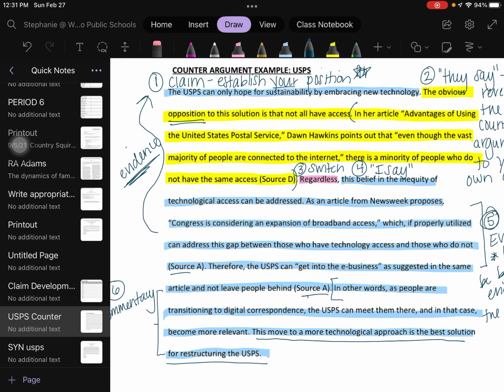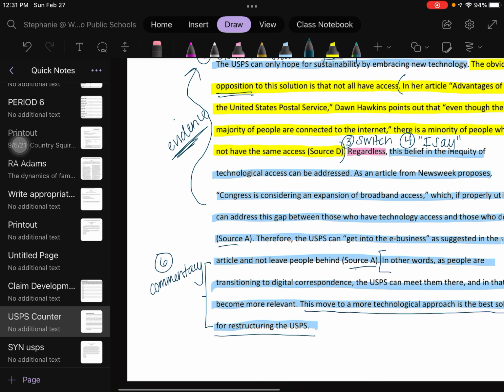But what's happening in this section is we are explaining why our opinion, or I should say why, here I'll do it this way, why the I say supports the overall thesis, which in this case, as you remember, is that yes, the USPS needs to restructure and that technology is the best way to do that.